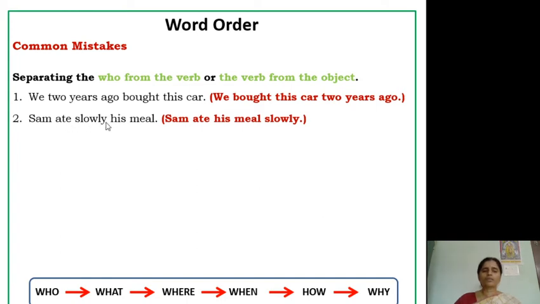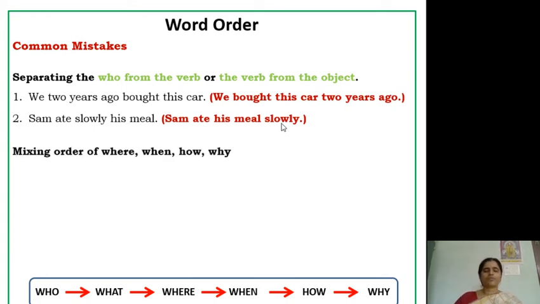How he ate: slowly. What he ate: his meal. So this is an adverb and this is the object. Which one has to come first? Subject, verb, and immediately after the verb we have to place the object. So that is the right construction. Sam ate his meal. The how element comes next to the object, that is slowly.